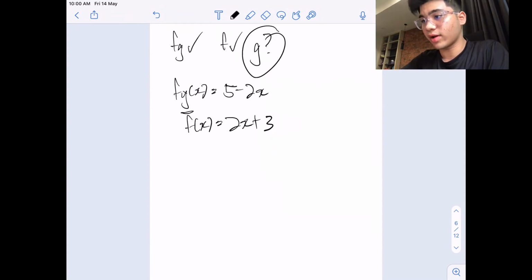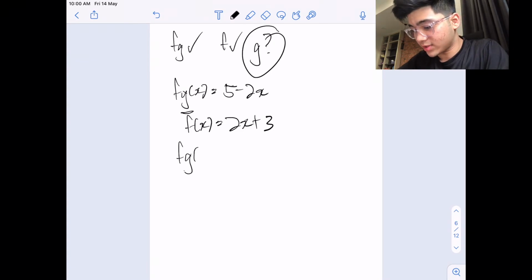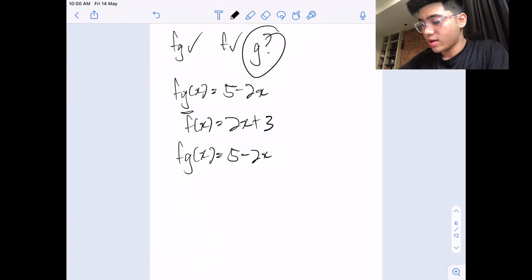All right, let's rewrite this. Function fg(x) equals 5 minus 2x. I could bracket this g(x) to make it like it's an unknown. So I could sub g(x) into my function of 2x plus 3 over here.